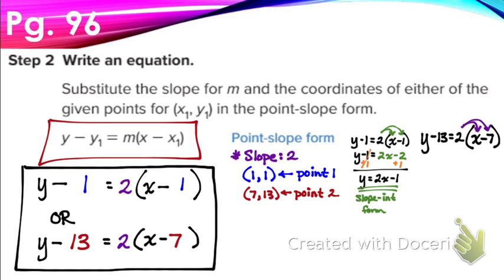I'm going to distribute that 2 to both pieces. So I get 2x minus 14. What do I do to get the y by itself now? Add 13 to both sides. What's negative 14 plus 13? Negative 1. This is in slope-intercept form now. What do you notice about those two slope-intercept forms?